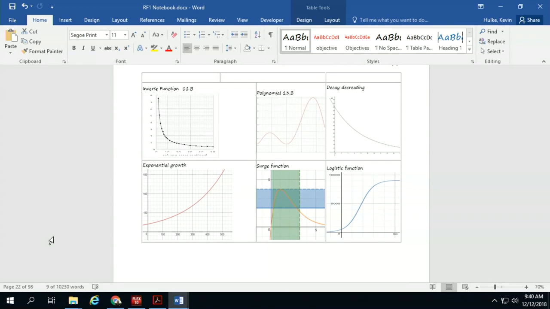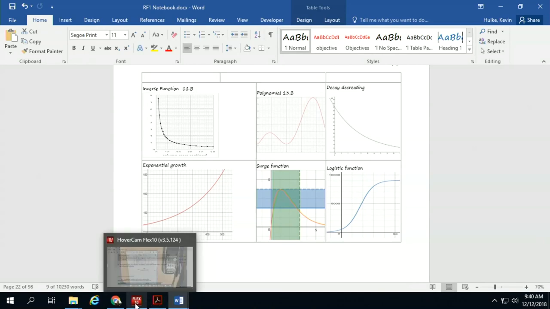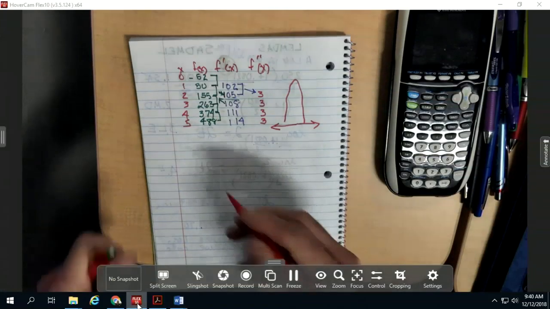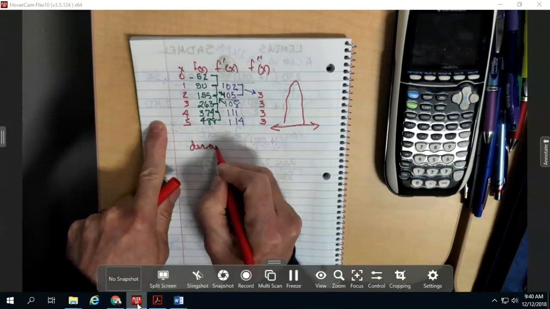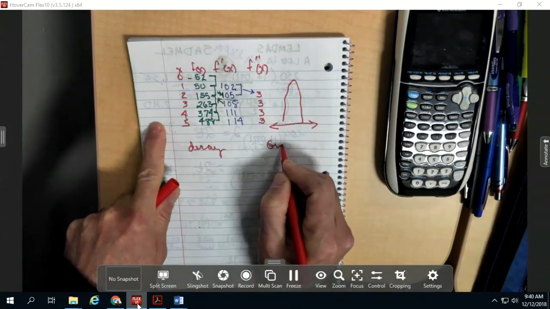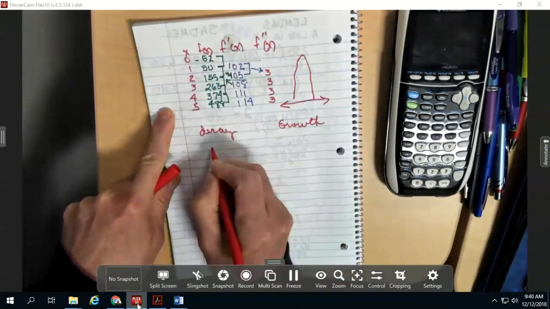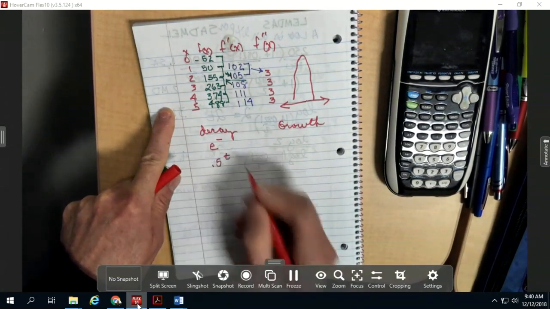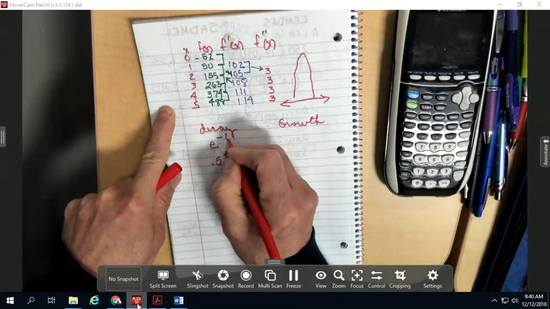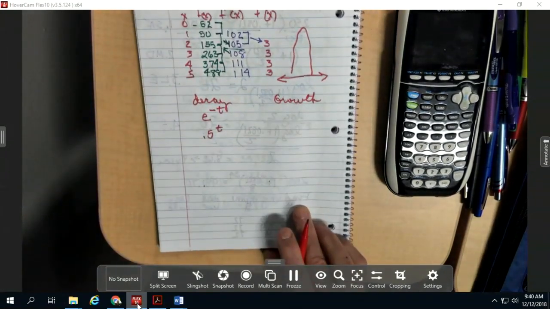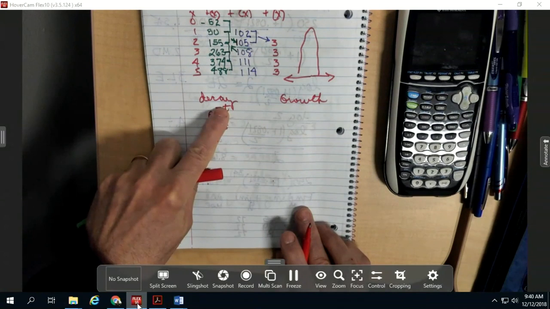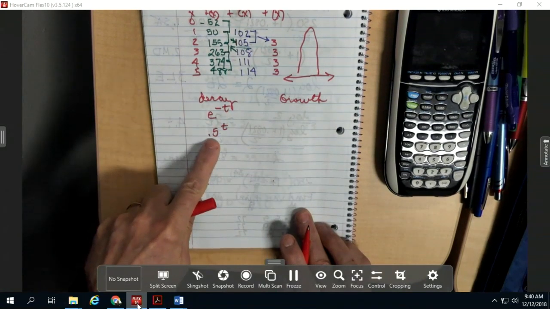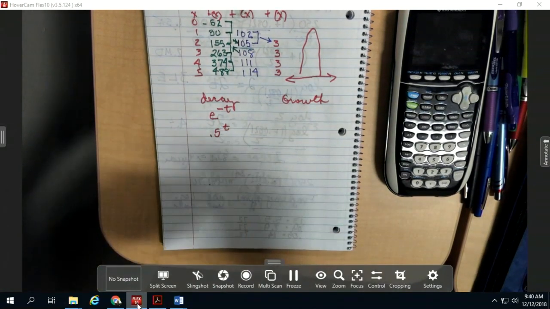Now, on those decay and growth graphs, we need to do one more thing. Decay was e to the negative something, or 0.5 to the t.